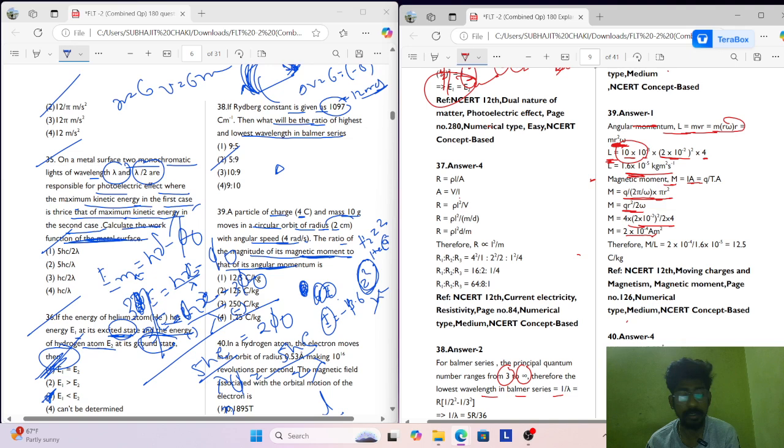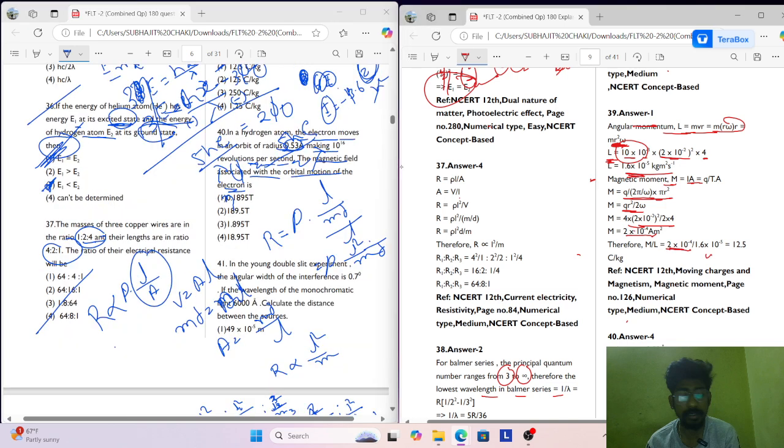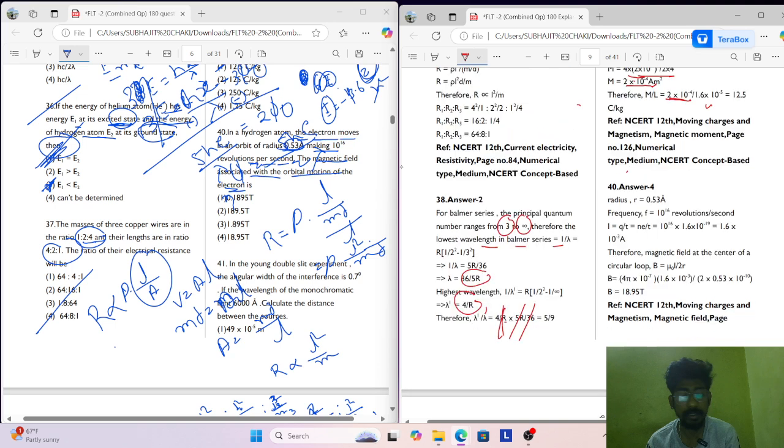In a hydrogen atom, the electron moves in an orbit of 0.3 angstrom, making 10 to the power 16 revolutions per second. The magnetic field associated with the orbital motion of the electron is? Frequency is given. I you can calculate by Q by T. Q is equal to 1.6 into 10 to the power minus 19.